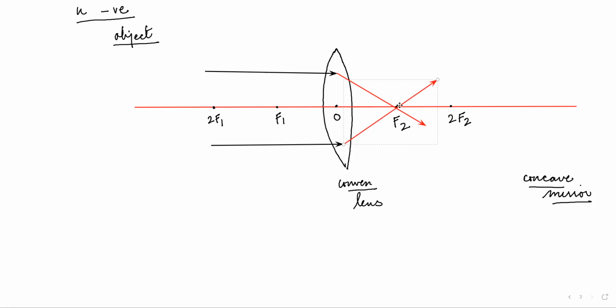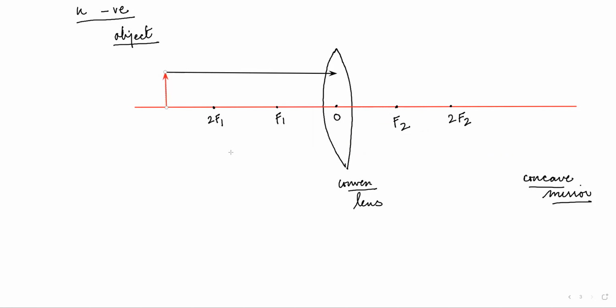All right, second case, students. Now the object is, let's say, beyond 2F1. This is my second case. I want to see where will be the image.